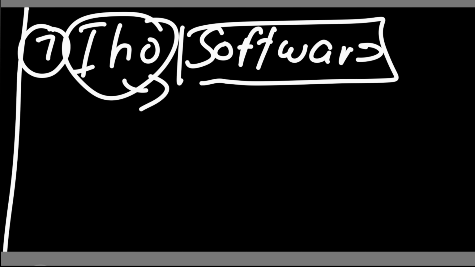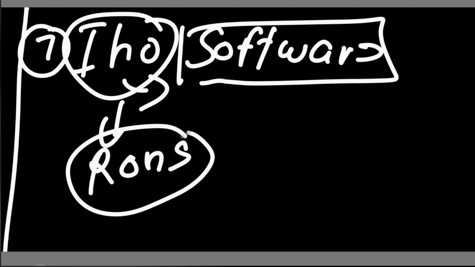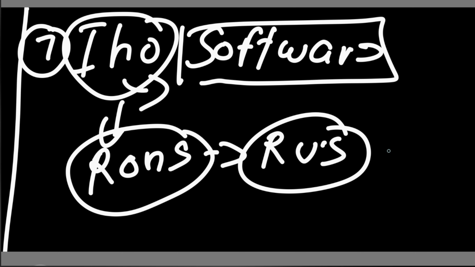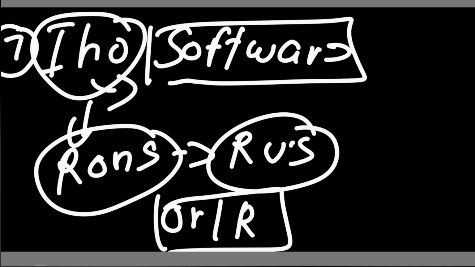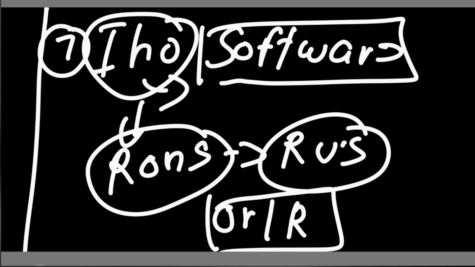Now you are assigned to a person named Ron, who has a restaurant in Minnesota, US, and he wants to make a software where a customer can order stuff and leave a review.